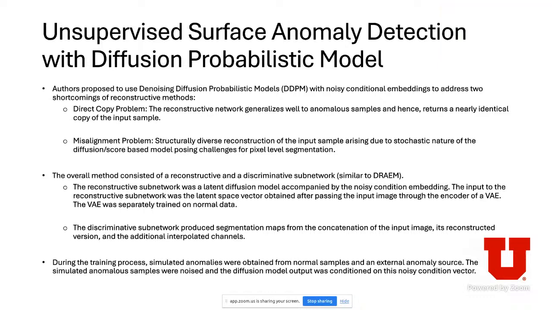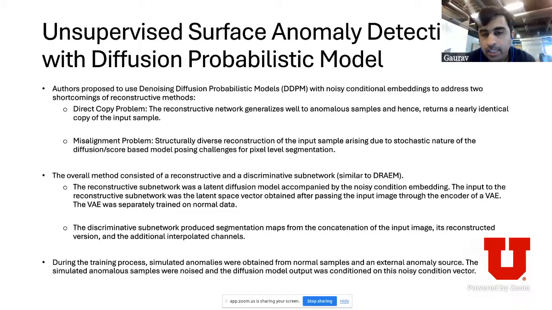So the goal of the diffusion is to reconstruct this simulated anomaly, and the reconstructed image is then sent to the discriminative network. I think that's another point: the point the authors want to make is that they want to reconstruct the normal sample when conditioned on a noisy simulated anomaly.